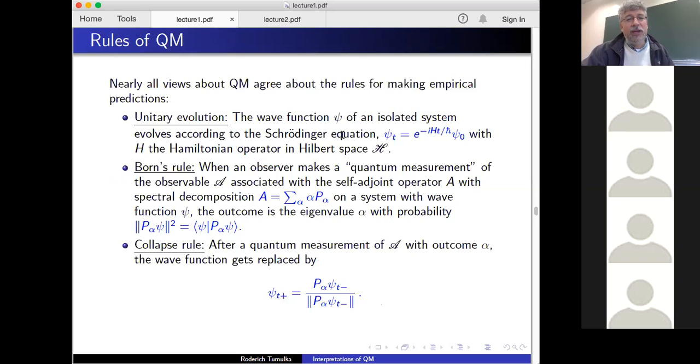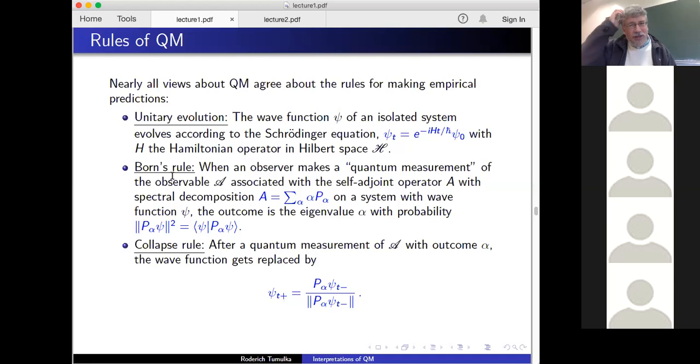Okay, in Bohmian mechanics, since Schrödinger's equation is one of the axioms of Bohmian mechanics, it's not a surprise that you have unitary evolution there. We saw Born's rule for position there, but Born's rule for position is not the same thing as Born's rule for arbitrary observables.